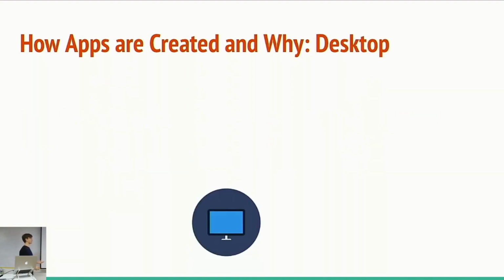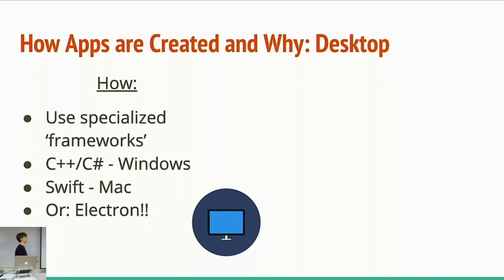So to the main point of the talk: why would we ever build a desktop application if web applications and mobile applications have so many good points? We also want to think about how they're made, because there are a lot of pluses to desktop applications, but it's not so easy generally. Usually you have to use a very specific framework for a very specific platform. It's similar to a mobile application in that sense. For Windows, you're generally using C++ and C# with a specific framework.